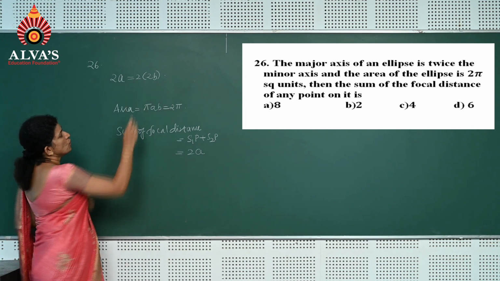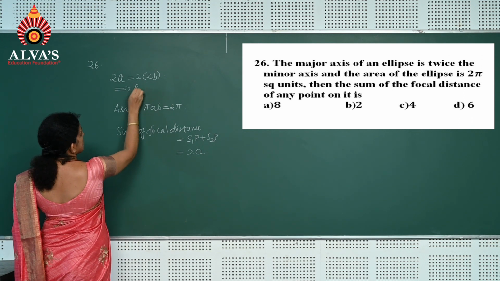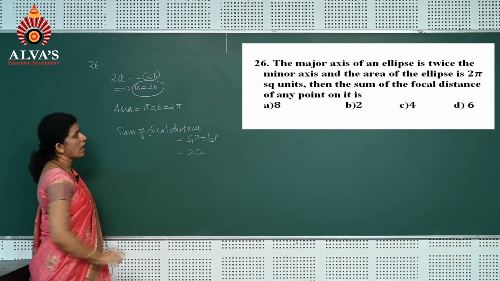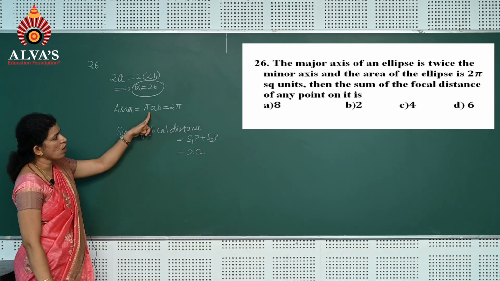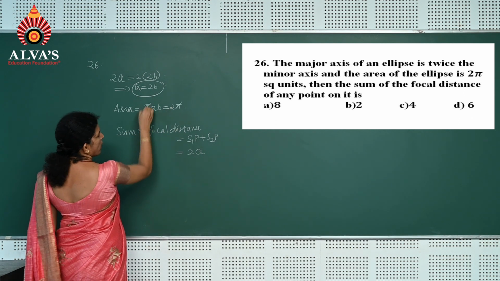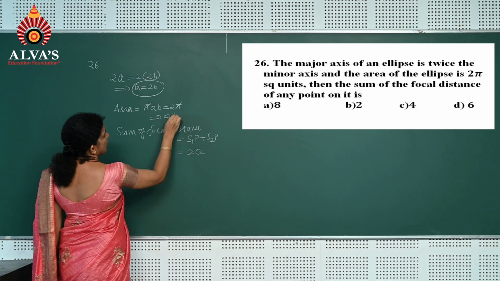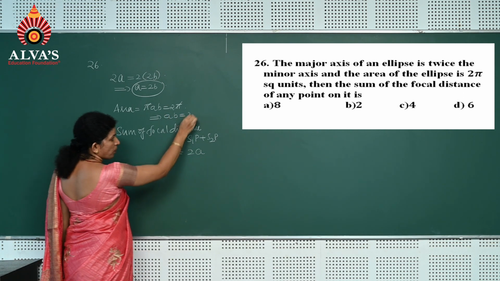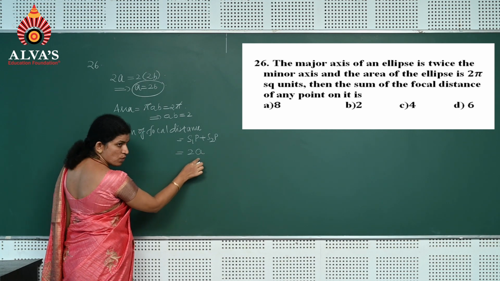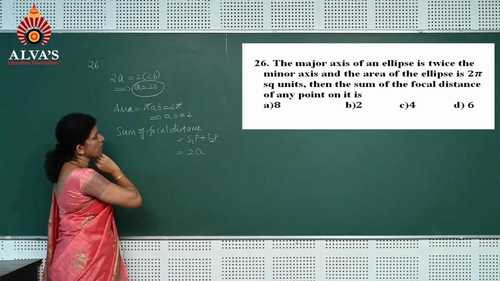Come to the question. 2A is equal to 2 into 2B, which means A equals 2B. And the area of the ellipse is given, that is 2 pi, so pi AB equals 2 pi, so that AB equals 2. We want the sum of the focal distances, that means 2A. So let us find A first.